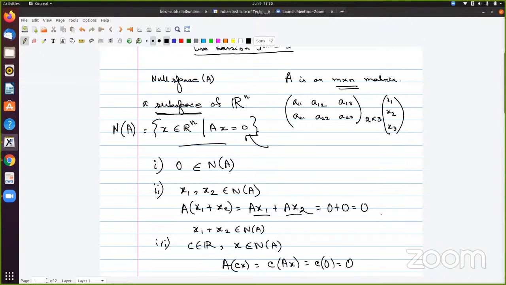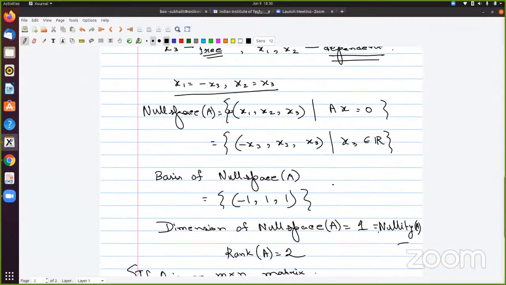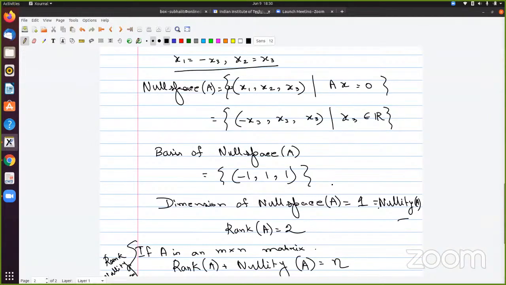Sir, my doubt is related to null space. What do rank and nullity geometrically or graphically mean? By seeing this, can you yourself see what the geometric meaning of these two is? When we are talking about a 2 × 3 matrix, you are in R3, right? Now, what does this null space signify?